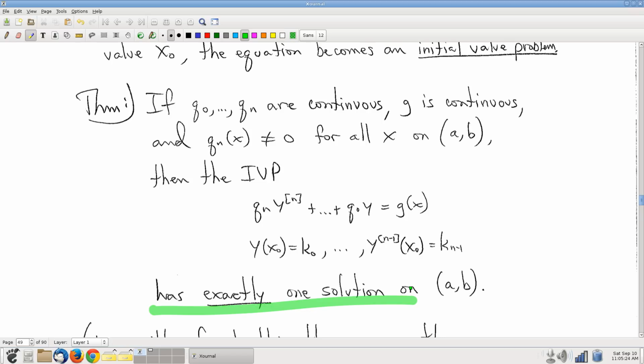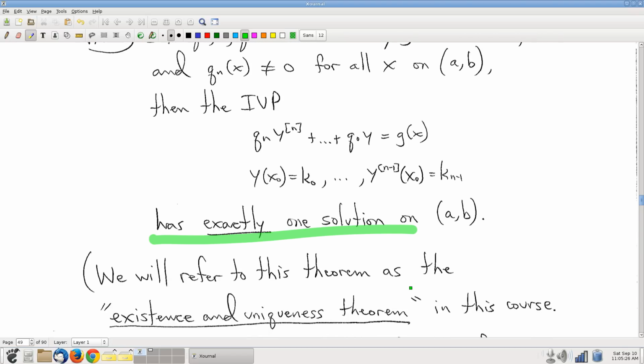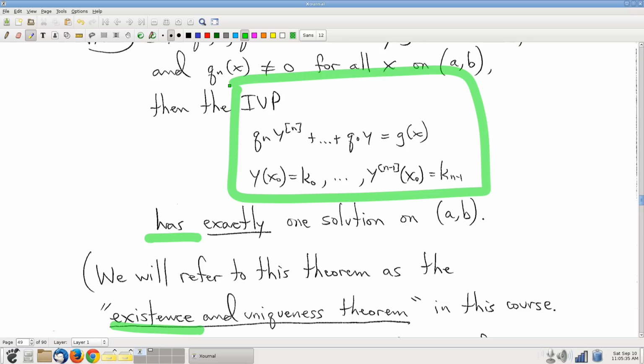Okay, so you can see now why we call this the existence and uniqueness theorem. This says that the solution exists, the solution that we're looking for to this initial value problem. But it also says that there's only one solution to this initial value problem, thus uniqueness.